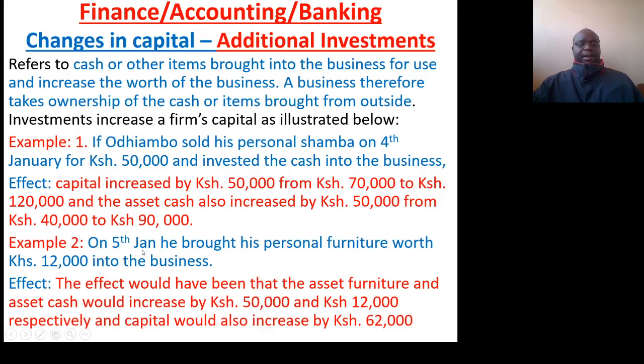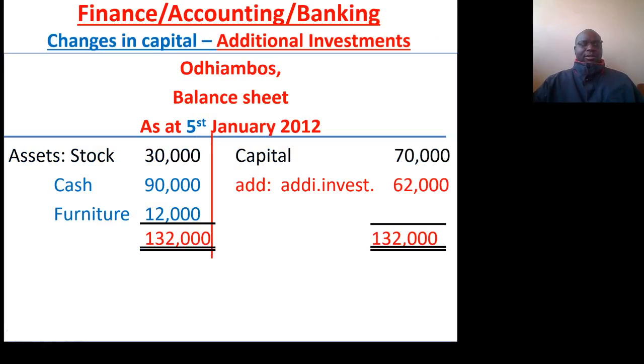So another transaction, on 5th of January, he brought his personal furniture worth 12,000 into the business. So the furniture will increase, which means that assets will increase. And capital will also increase by the same amount. So this is what the balance sheet will look like on 5th of January.